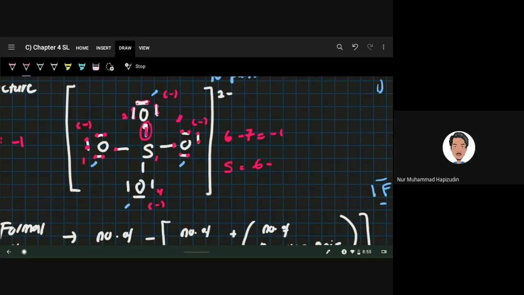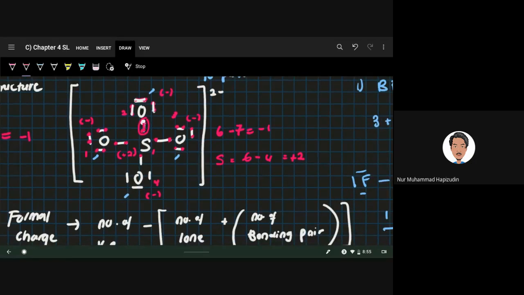Okay, minus, ada tak lone pair? No kan? No lone pair. Okay, bonding pair. 1, 2, 3, 4. Okay, divide by 4 akan dapat 2 positive, right? Akan dapat 2 positive charge dia.